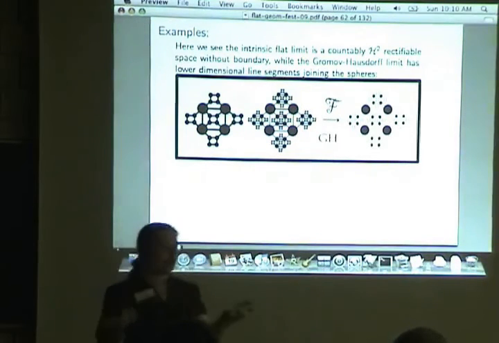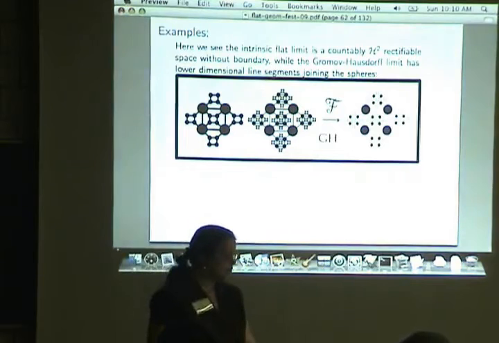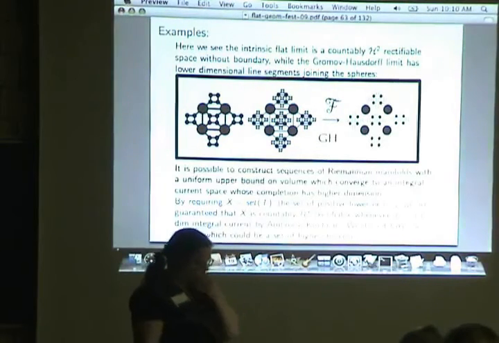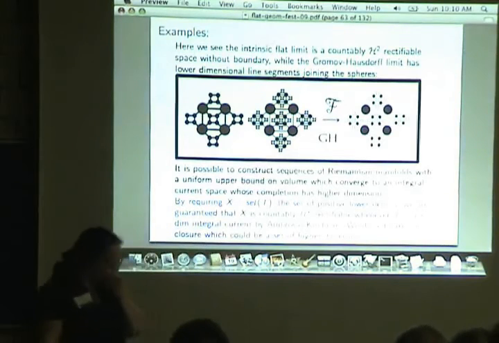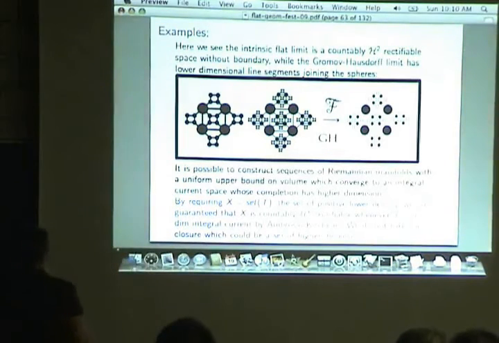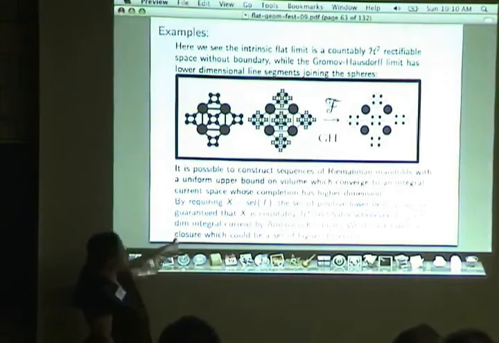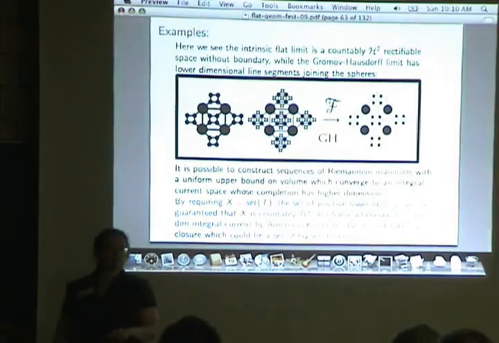Our flat limit will be possibly a dense subset with the correct dimension. So we're very careful not to take closures. If you take closure, your dimension can jump up.